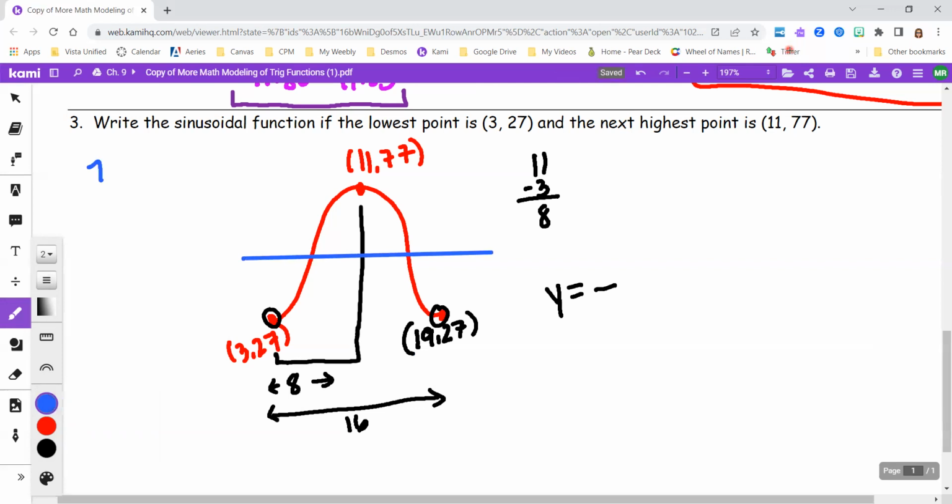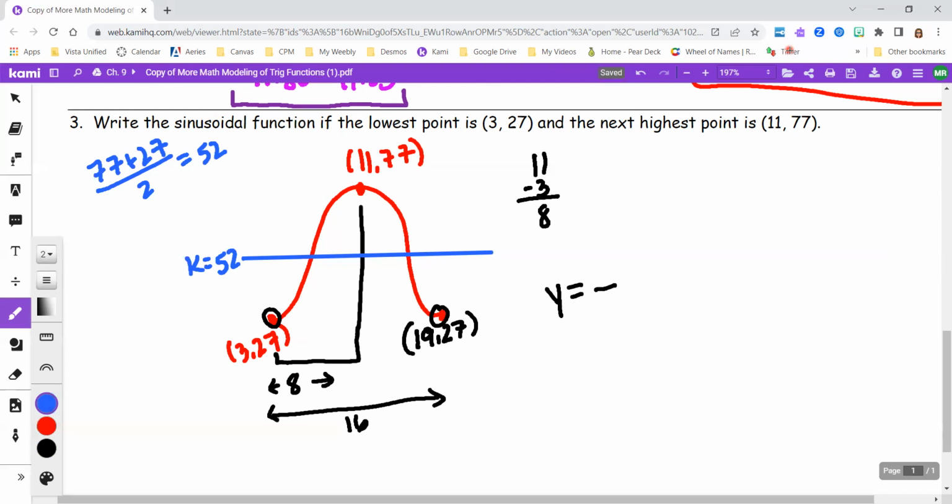So if I was to take 77 plus 27, add them up and divide by 2, that gives me 52. So this is my vertical shift, which is up at 52.